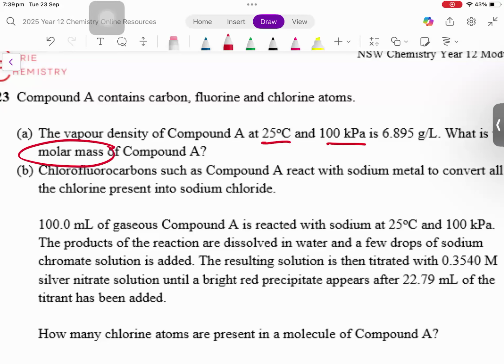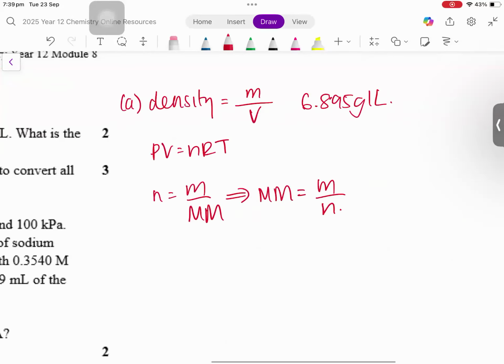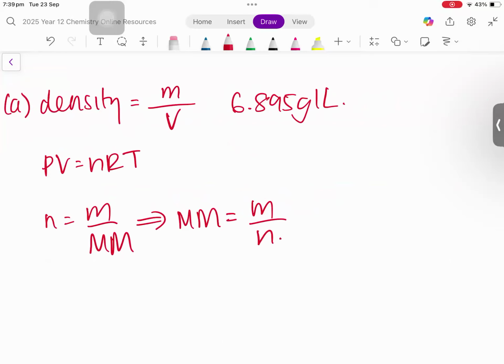What that means is, when you're trying to figure out how to sub these equations into each other, the one thing that you have to include is this. However we put them together, I cannot lose mass and I cannot lose moles. That's it. I cannot lose mass and I cannot lose moles.